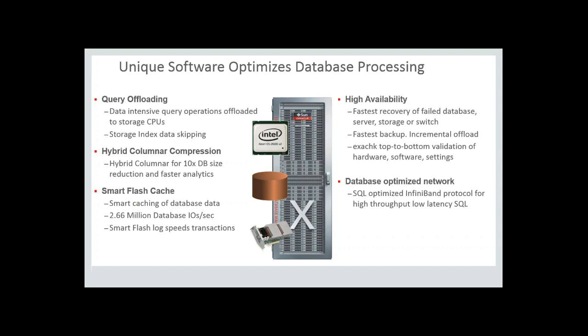If you multiply it with the 14 storage servers, you will get around 168 cores in the storage servers only. So why are so many cores required in storage? That is because there is a key feature, a unique software which resides at the storage server side, which we call the Exadata storage server software.